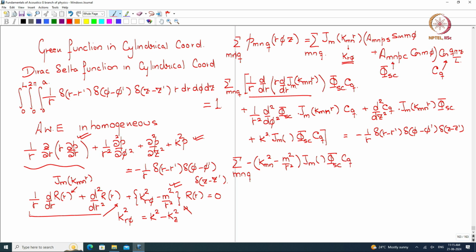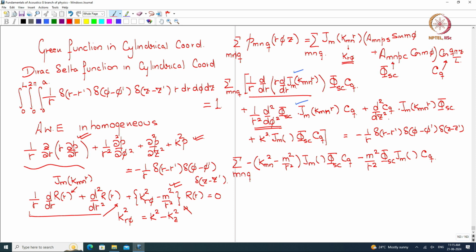Now this quantity, d2 phi by d phi square, gives me minus m square divided by r square. So I get minus m square by r square into phi sc into Jm into CQ. Okay, this is done, this is done, and this is done.